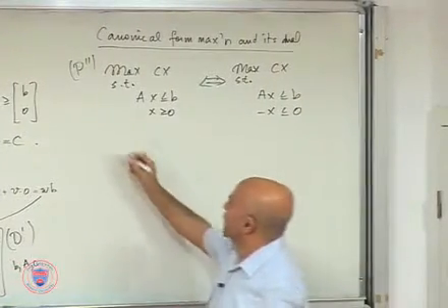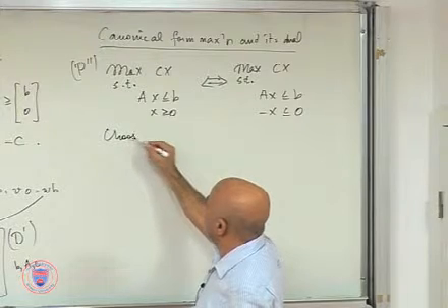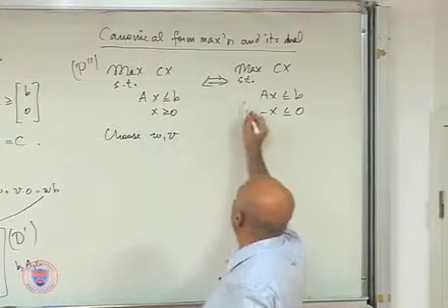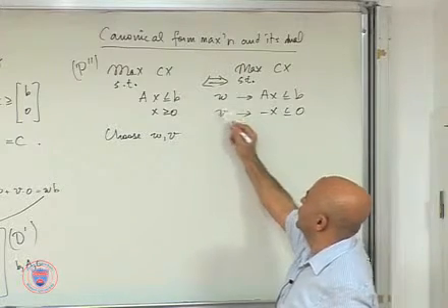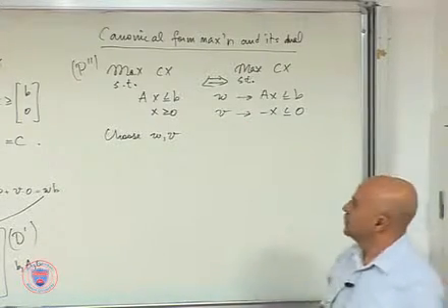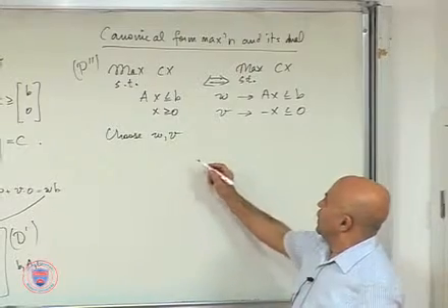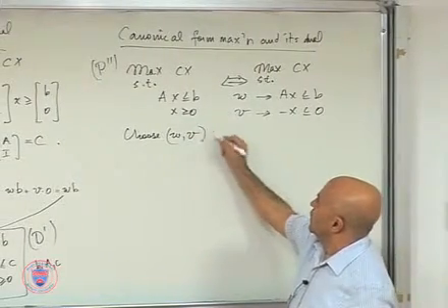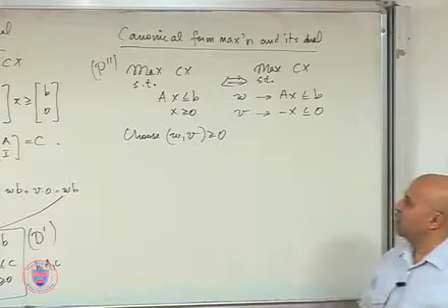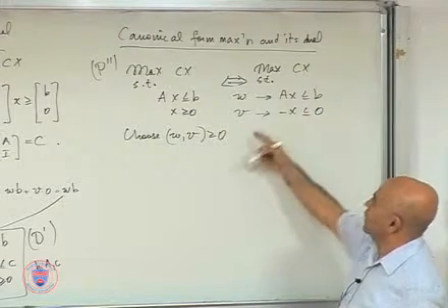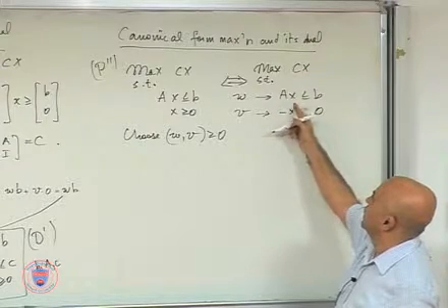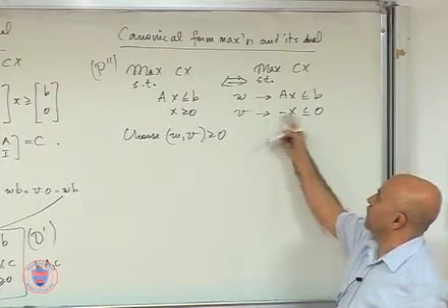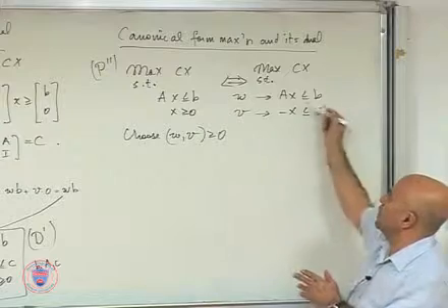Again, you want to choose W and V, W associated with the first part, V associated with the second part, which is non-negative in each component, because when you multiply the constraints with these W's and V's, you want to maintain the inequalities.